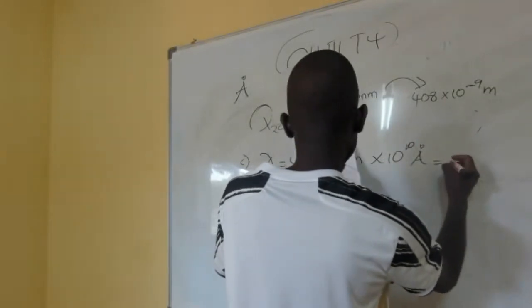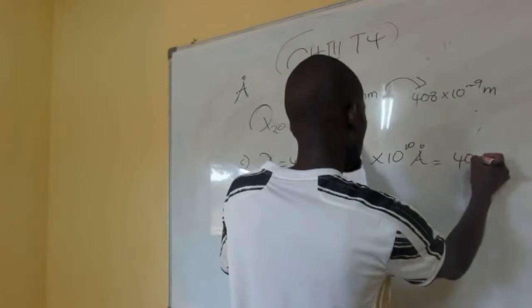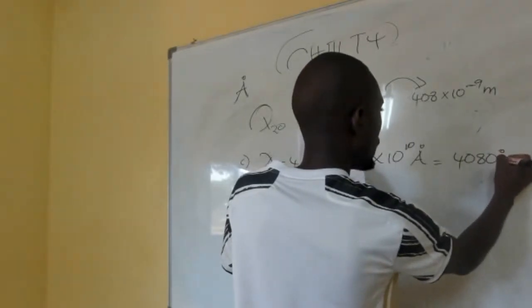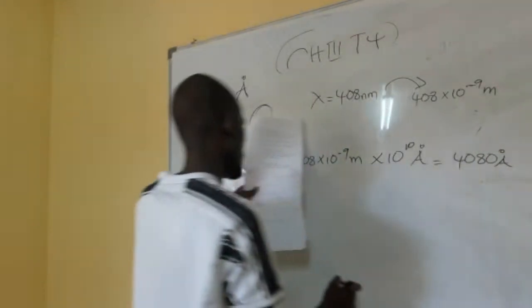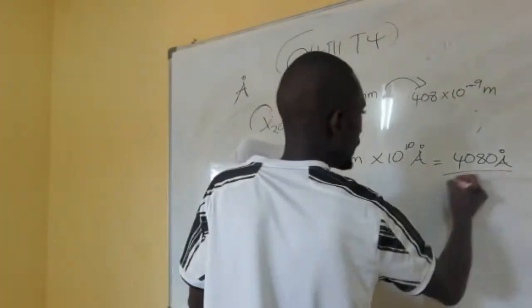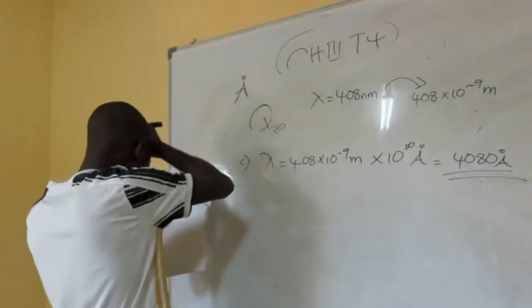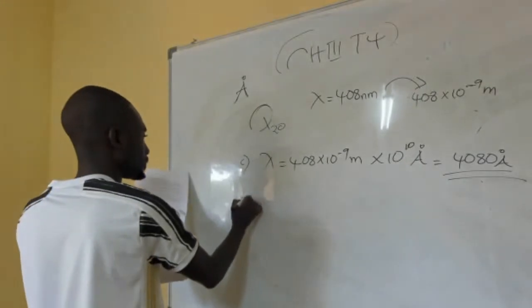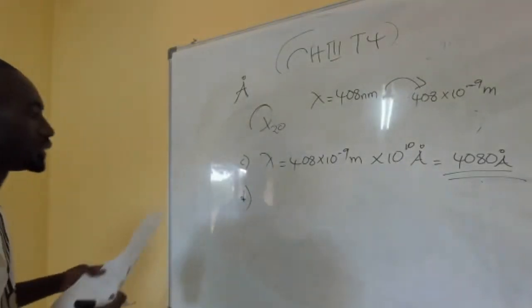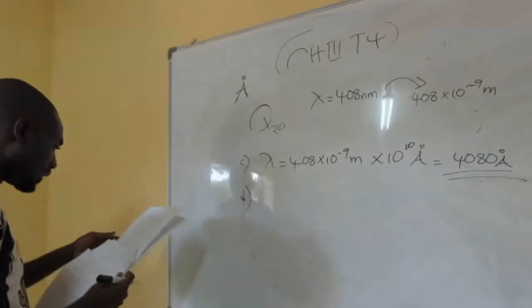So this one should be 4080 angstrom. Okay, so that is the answer there. Then we'll look at D.